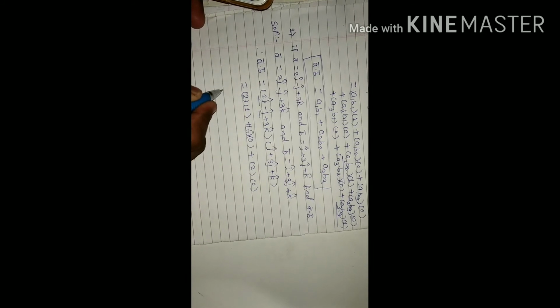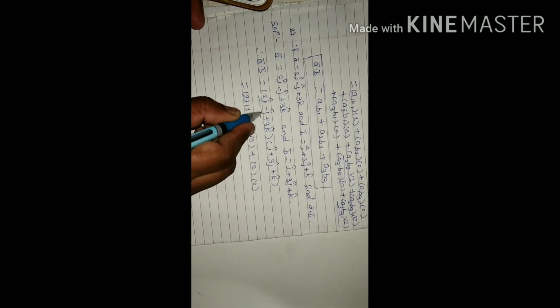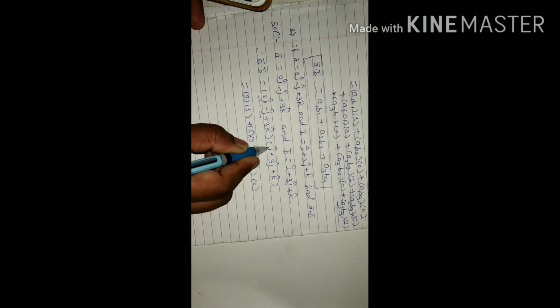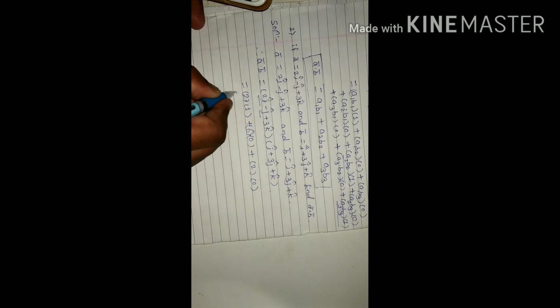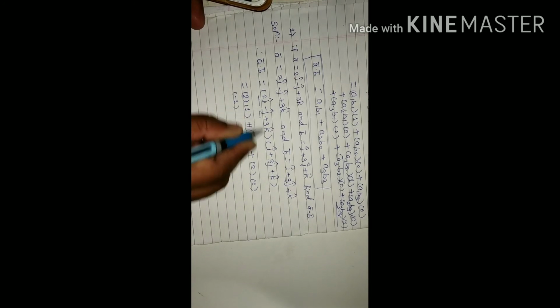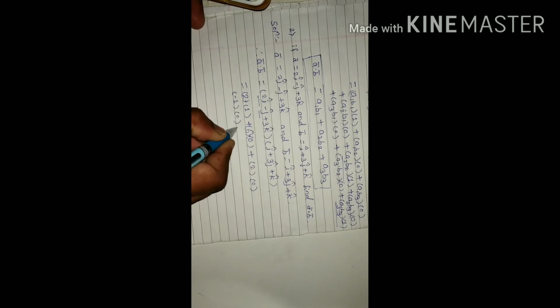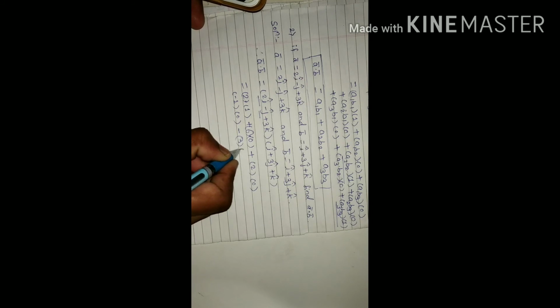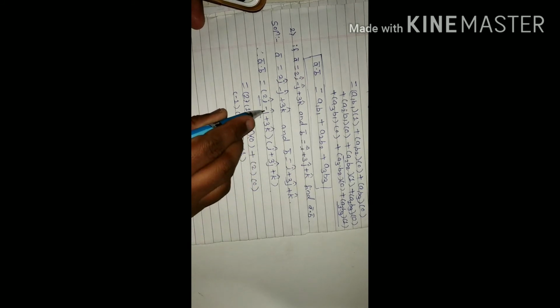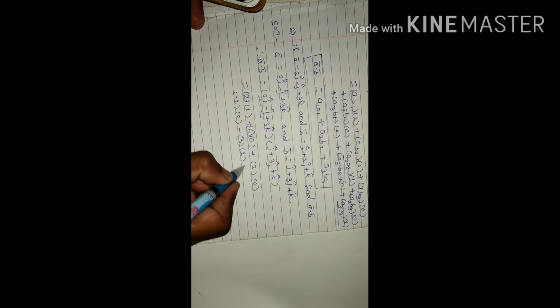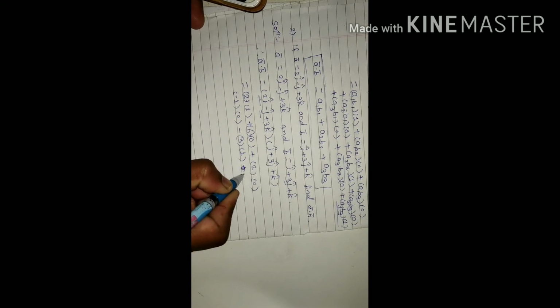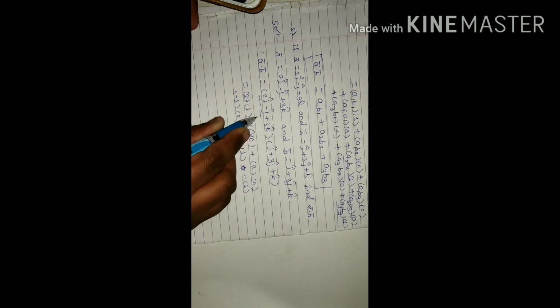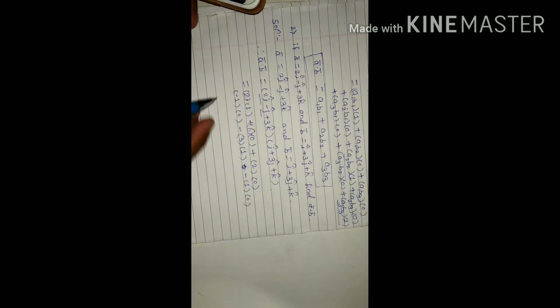Then the second term, minus j cap: minus 1 into plus 1 we get minus 1, into j cap dot i cap, 0. Then minus 1 into 3, minus 3, j cap dot j cap, we get 1. Then minus 1 into 1 we get minus 1, and j cap dot k cap, that is 0.